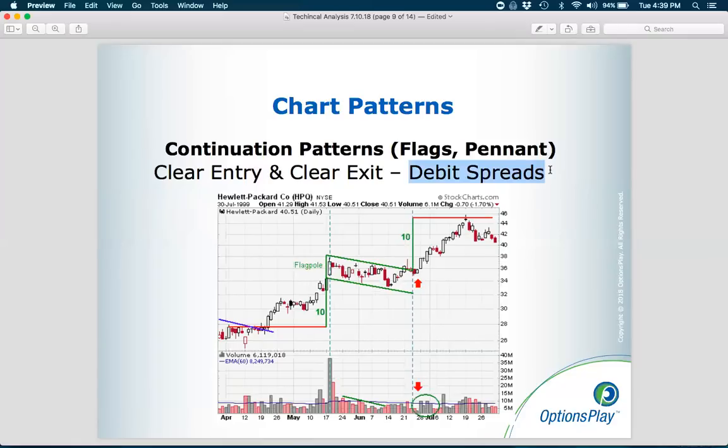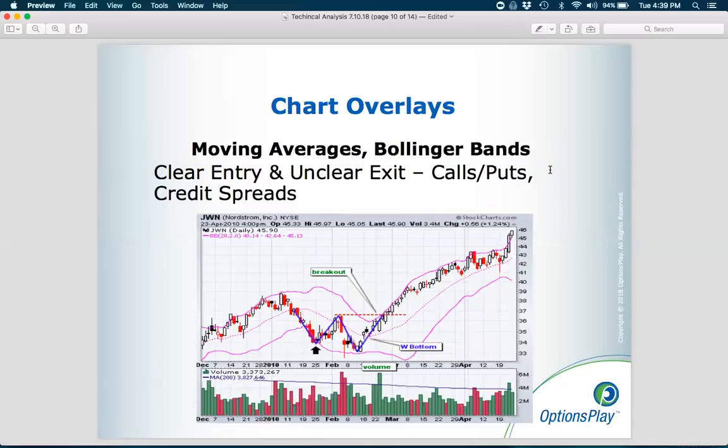A debit spread allows you to stay in a trade a little longer. It allows you to minimize your risk by reducing the cost of that trade, but still being able to take maximum profit of a specific move where you have a clear exit signal. And we'll show you an example of this in a second using some trades that I have set up.